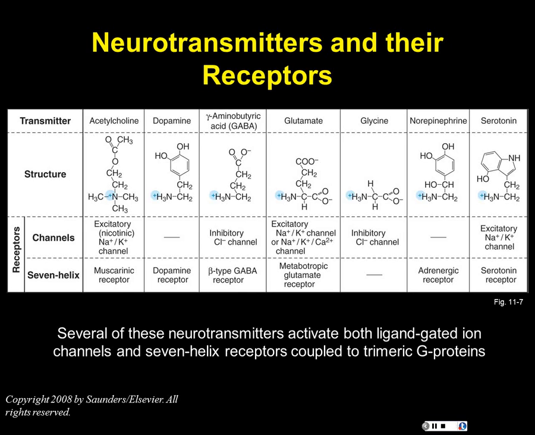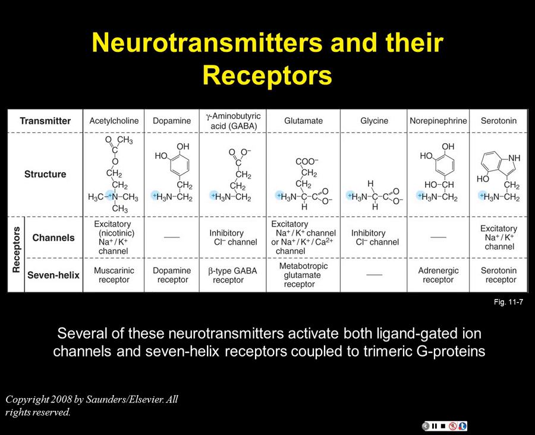Found this image recently, and so I'll share it with you if you would like. Looking at some of our different neurotransmitters, so going down the road, so acetylcholine, dopamine, gamma-aminobutyric acid, glutamate, glycine, norepinephrine, and serotonin. And then notice on the way that this table is laid out, that it has the way that the receptors work. They're either chemically gated sodium channels or activating what?